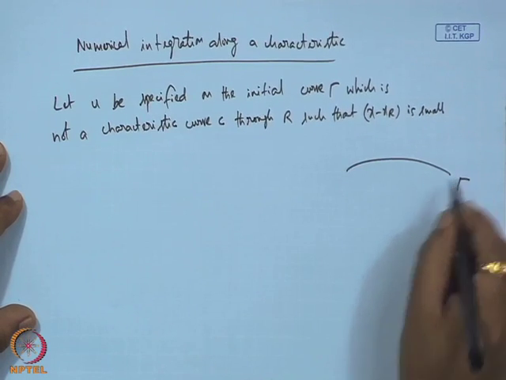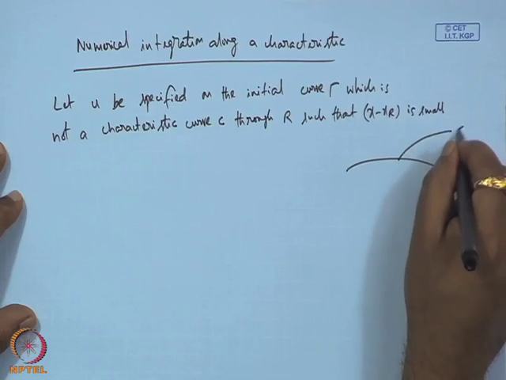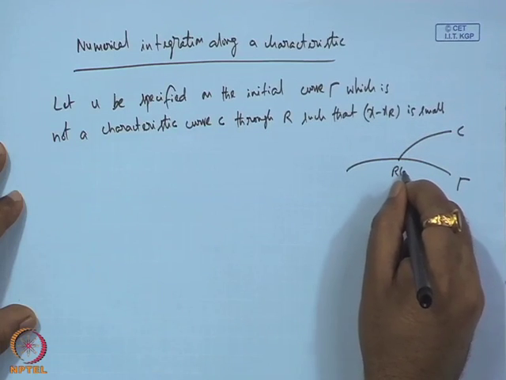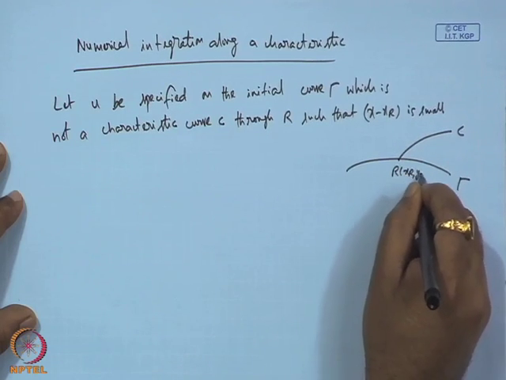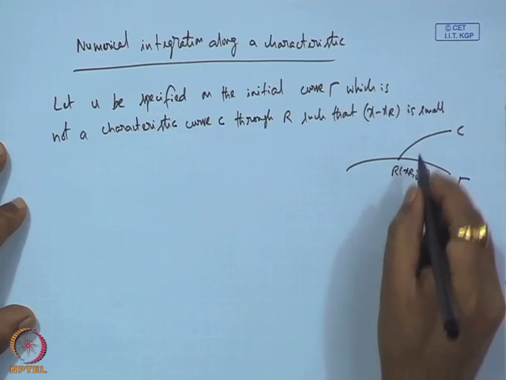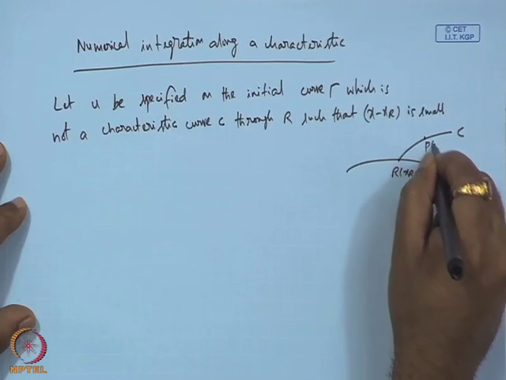So, this is gamma, this is C and R, and consider a point P.